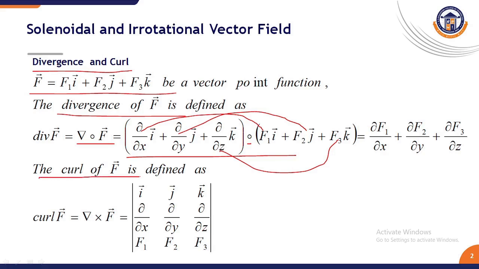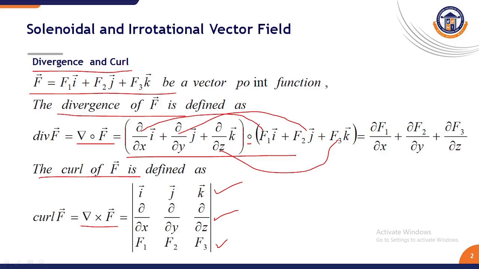Next, the definition is curl of F vector. Curl of F vector is defined as the cross product between del operator and F vector. The first row are the i, j, k components, the second row del operator components, then the third row F vector components.